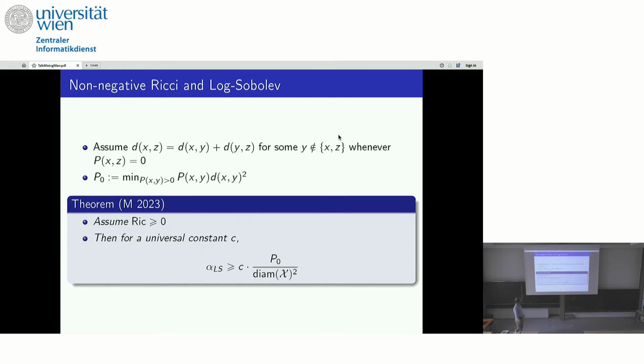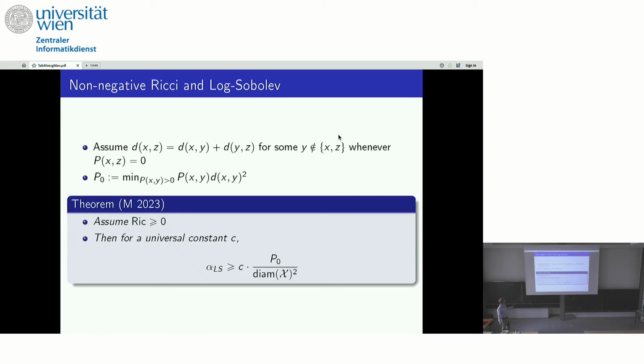The next step, as I said, is the case where we have non-negative Ricci curvature, and we want to give a lower bound of the unmodified log-Sobolev constant. Here we need some way to control the scaling. Maybe one would like to use a dimension term, but because you are in principle allowed to scale the Markov chain up by a factor, we need something like the P0 over here.